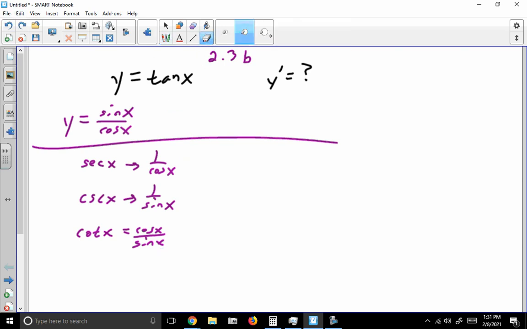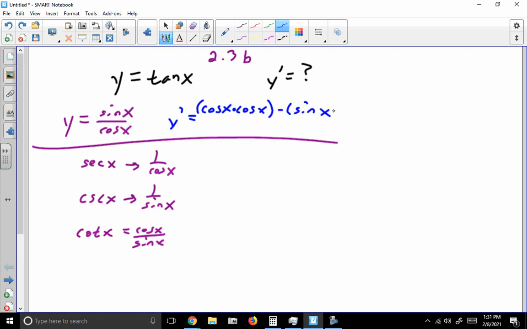Now, we're not going to go through and show you the long way to get the derivative of all four of these. We will on the first one, but then the other three, I'll just give you their derivatives. So the derivative of tangent, if we rewrite tangent as sine over cosine, it's the derivative of the top times the bottom minus the top times the derivative of the bottom.